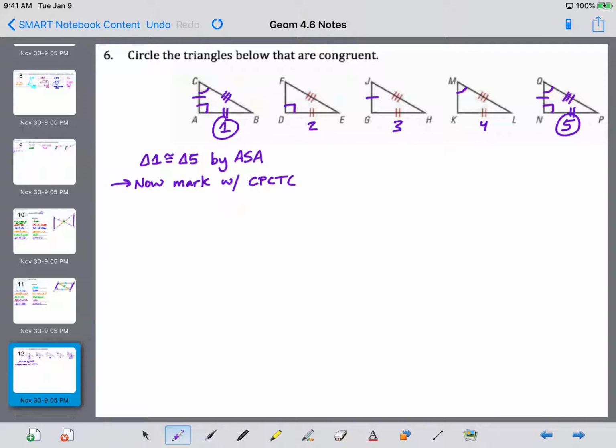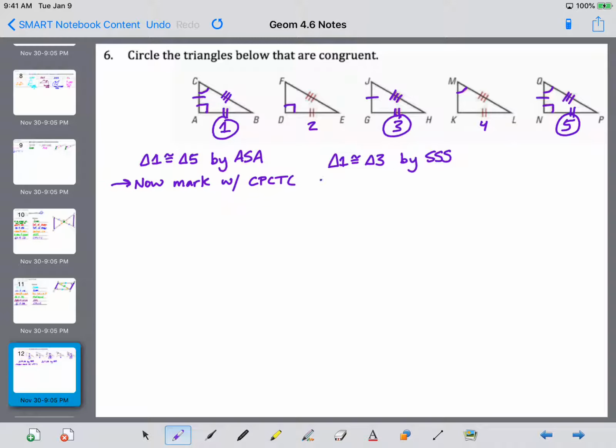So if you look at triangle 1 and triangle 3, they have all 3 sides marked. So now I know triangle 1 is congruent to triangle 3 because all the sides are the same.